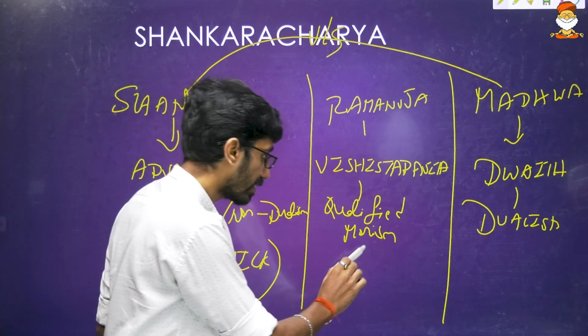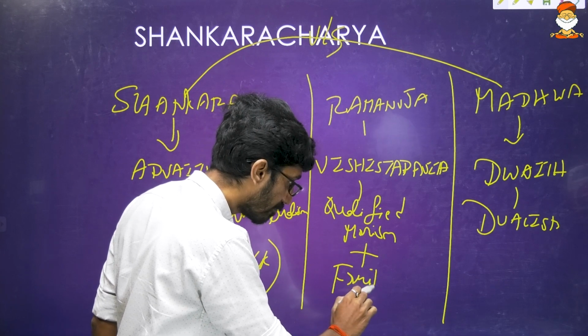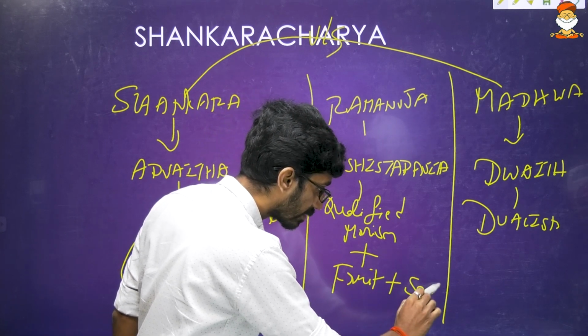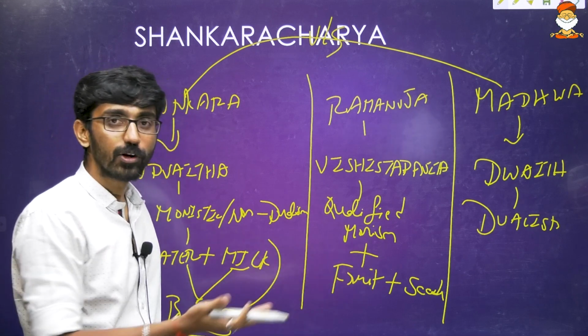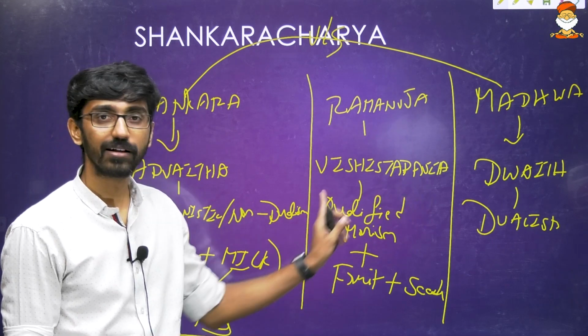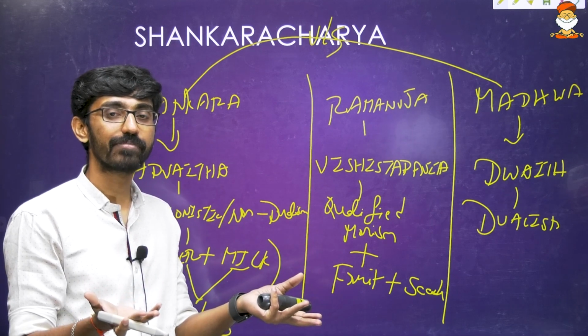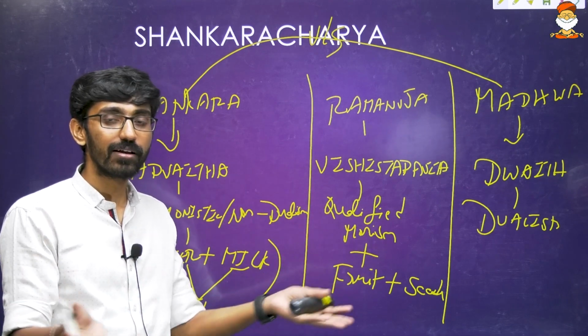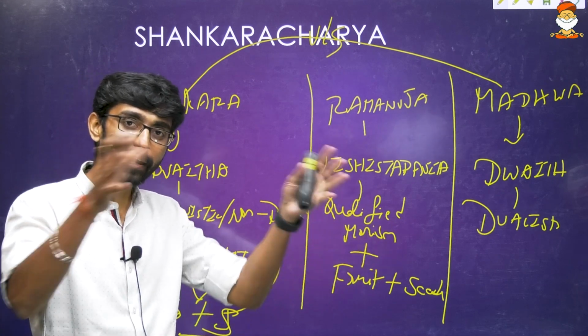So what is Visishta Advaita? The example is fruit and seeds, any fruit and its seeds. Both are part of one only, but they can be separated. You can separate seeds from the fruit and make them slightly independent, but ultimately they are part of one only.